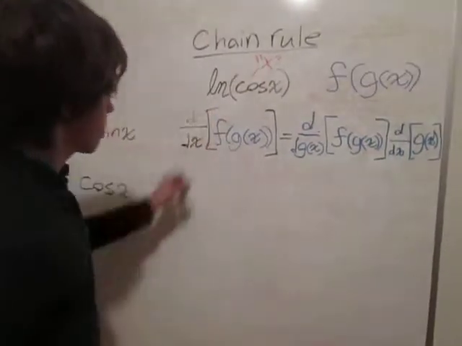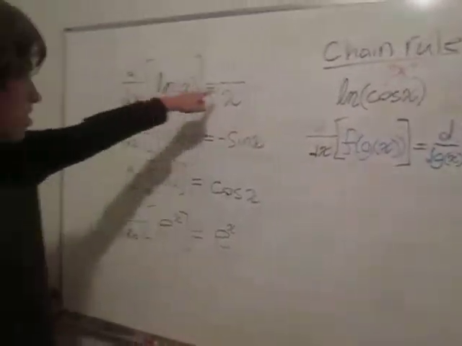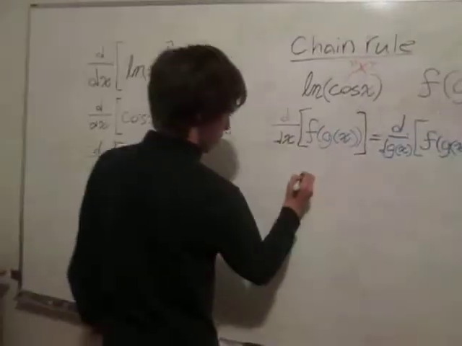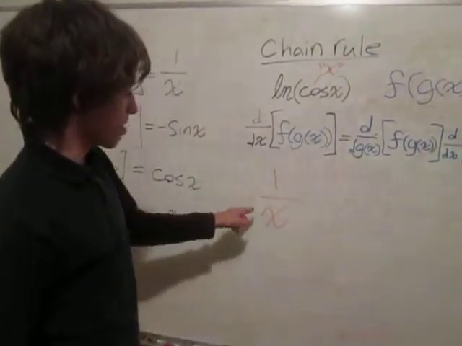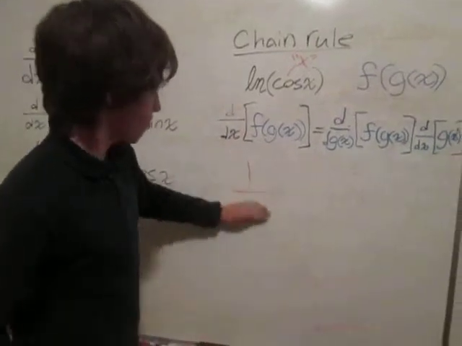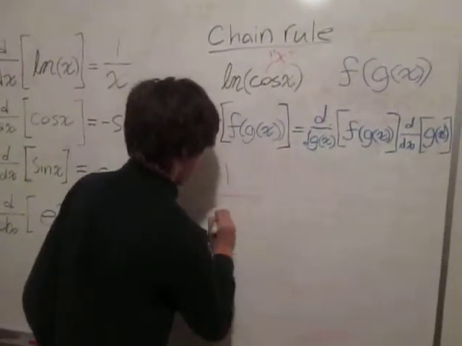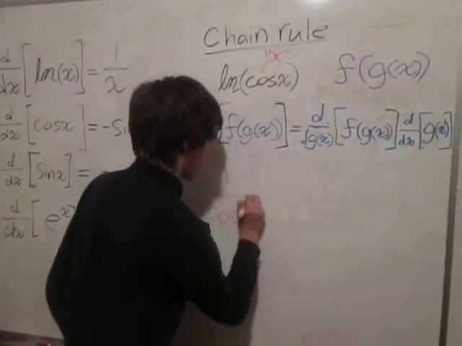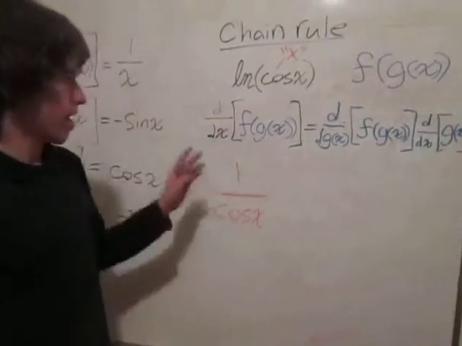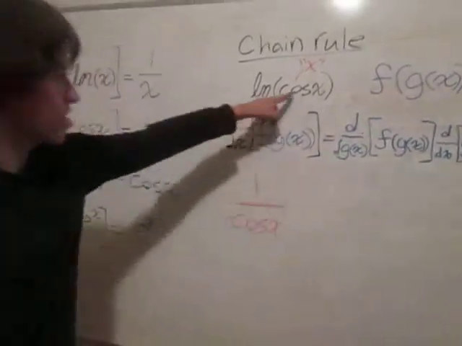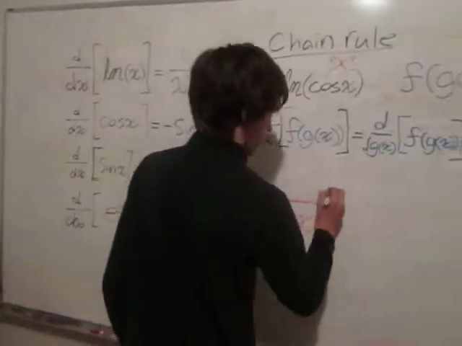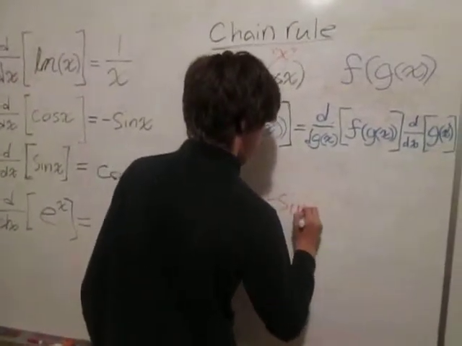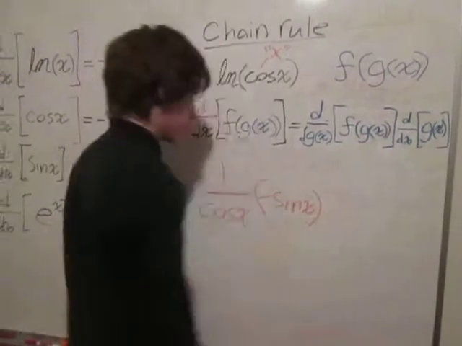So this is, as we learned, the derivative of the natural log of x is 1 over x. But our x is not really x, it's a cosine of x. We're treating this as if it's our x. And then we multiply this times this inner function with respect to x. We learned that too, it's negative sine of x. Right?